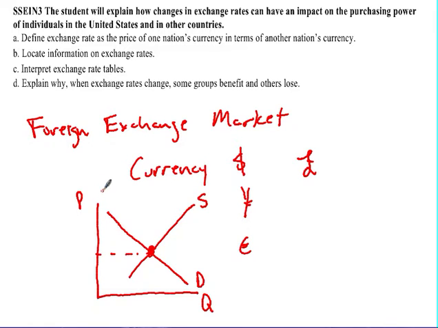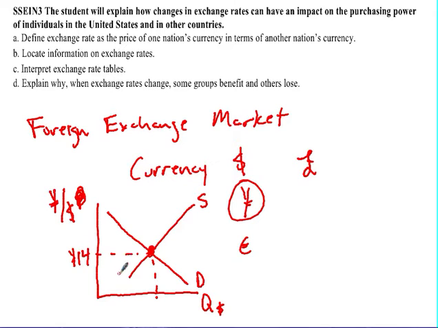So let's say, just for example, that you were in Japan, with the yen, and you wanted to buy dollars. You'd say, how many yen does it take to buy one US dollar? This would be the quantity of dollars, and it would be the supply and demand. Let's say, and this is not anywhere near accurate, that it was 14 yen to buy a dollar.